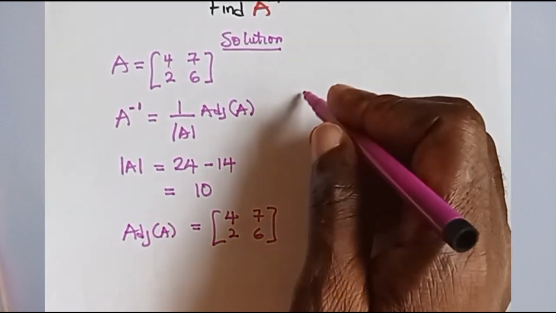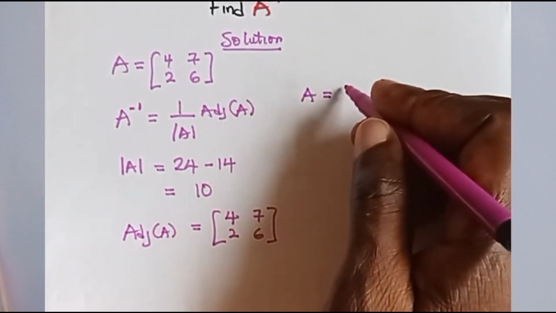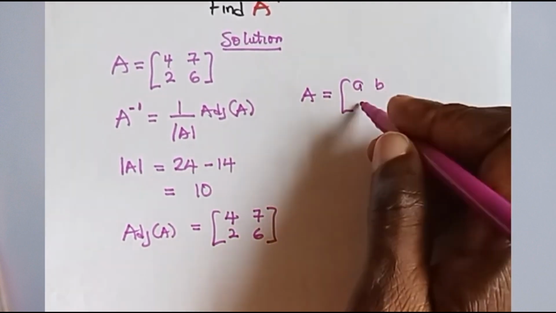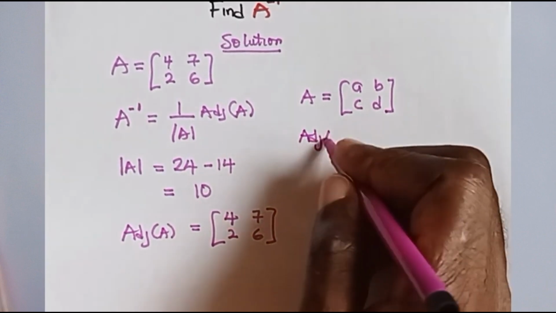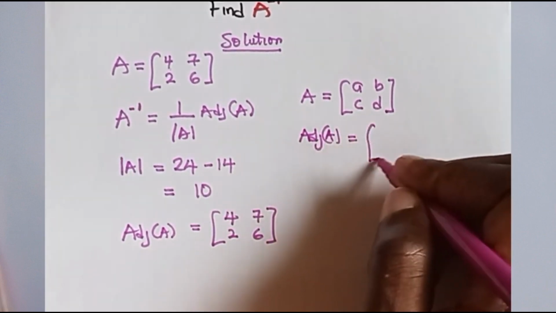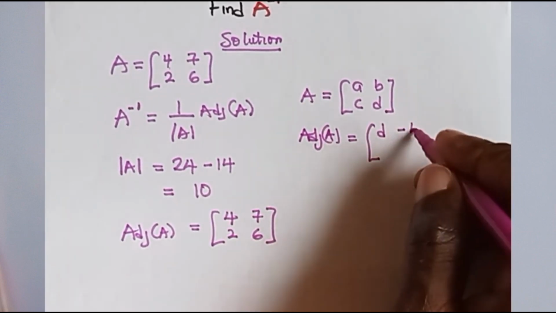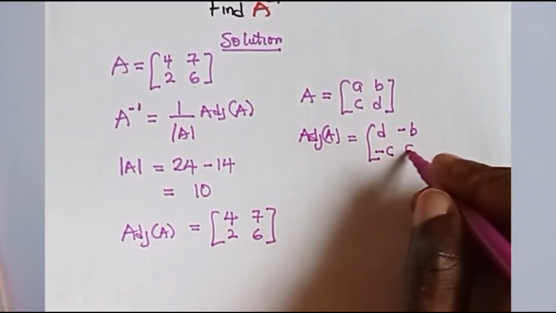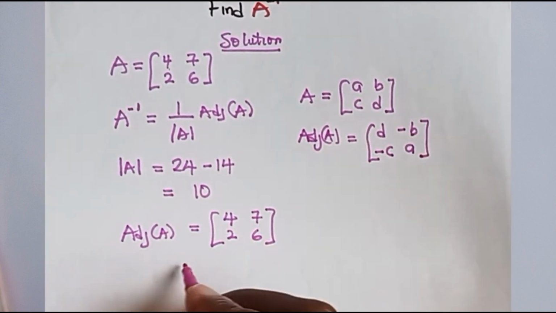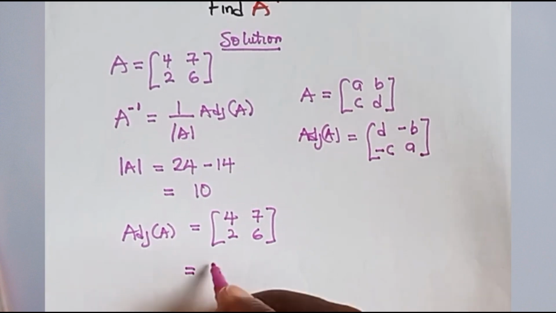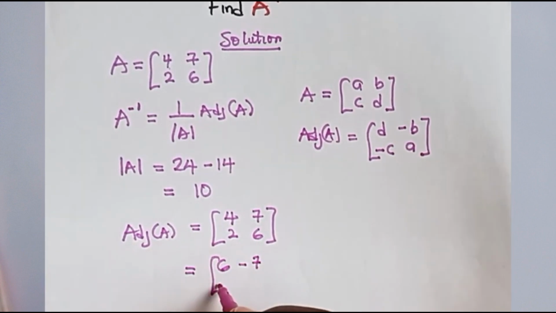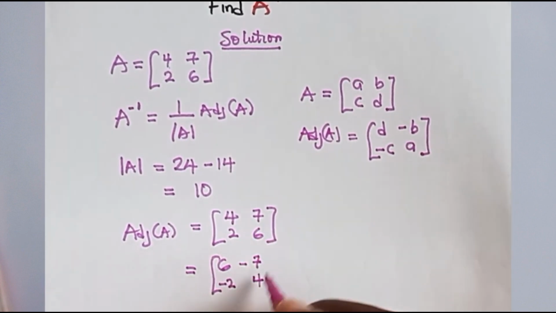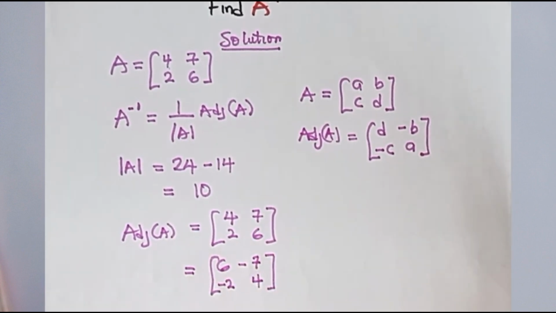Don't forget that if A equals a, b, c, d, then the adjoint of A will give us d, minus b, minus c, a. So the adjoint of A now, what do we have? We have 6, minus 7, minus 2, and we have 4. That gives the adjoint of A.